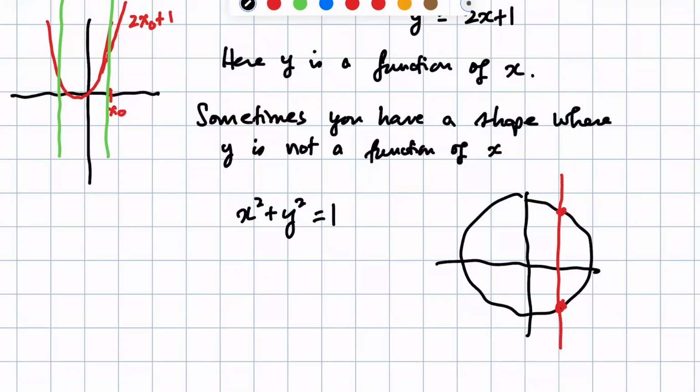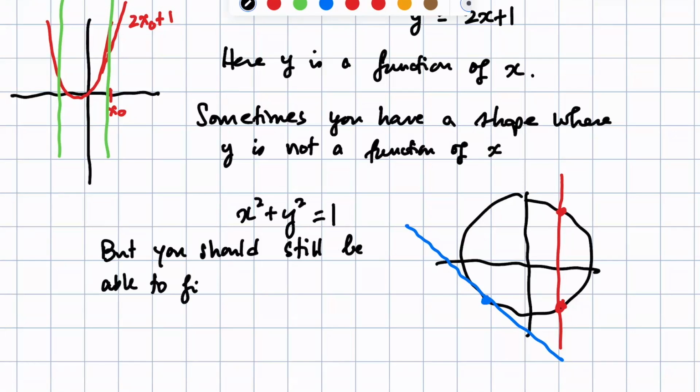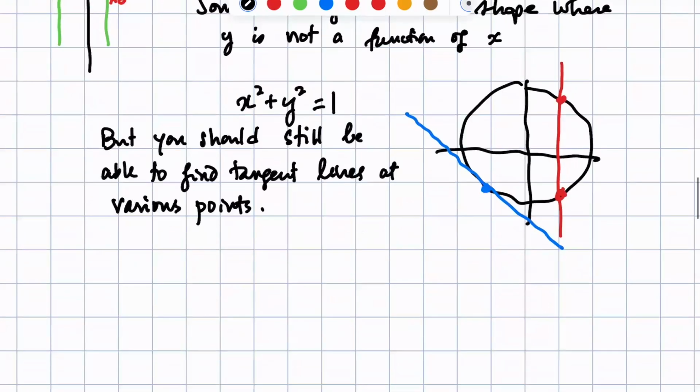But you still should be able to find tangent lines at the curve, at various points. And this is where implicit differentiation comes in.